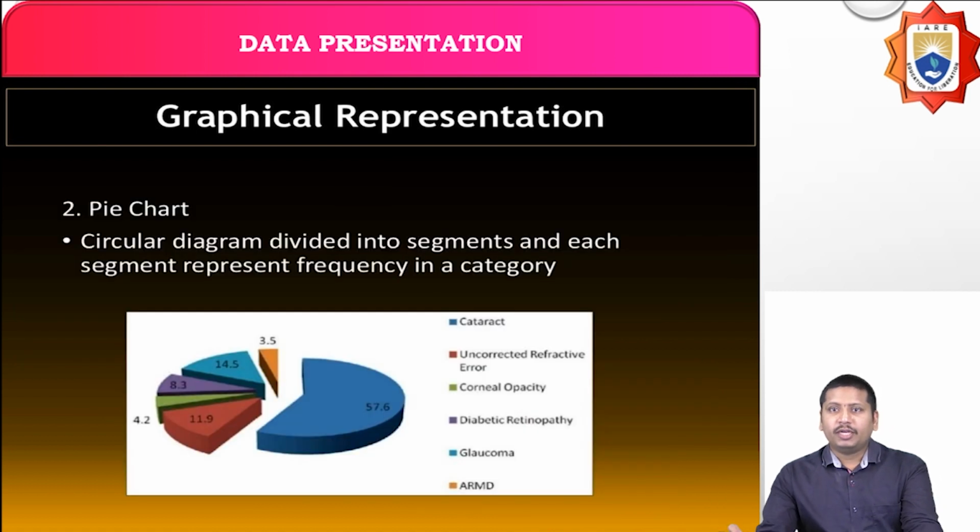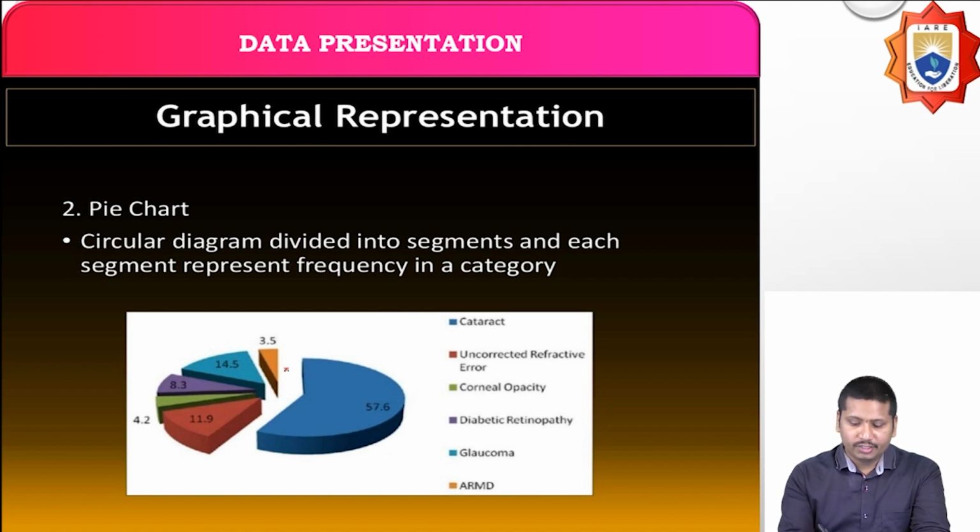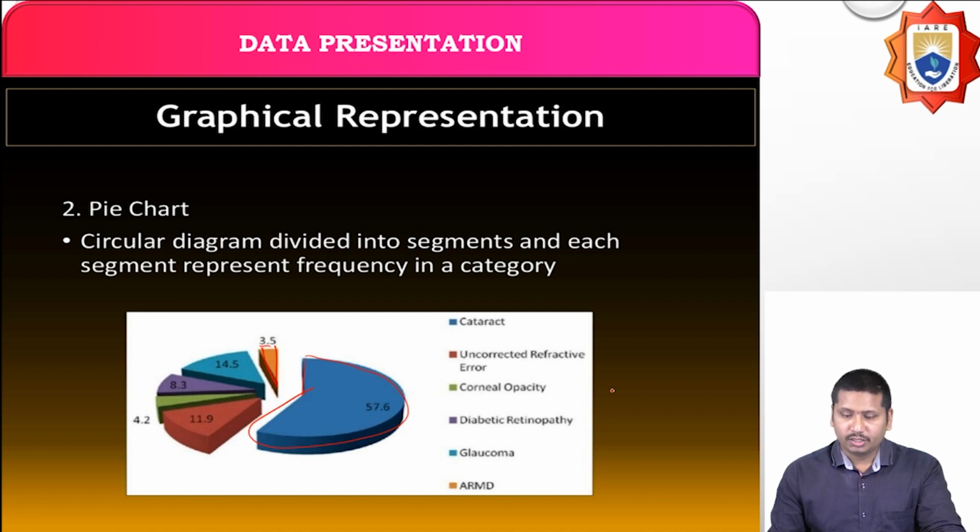And the next one is the pie chart. It is a circular diagram, which means it is divided into different segments, and each segment represents the frequency of a category. Here there are different segments, and each segment shows the different frequency of the category.